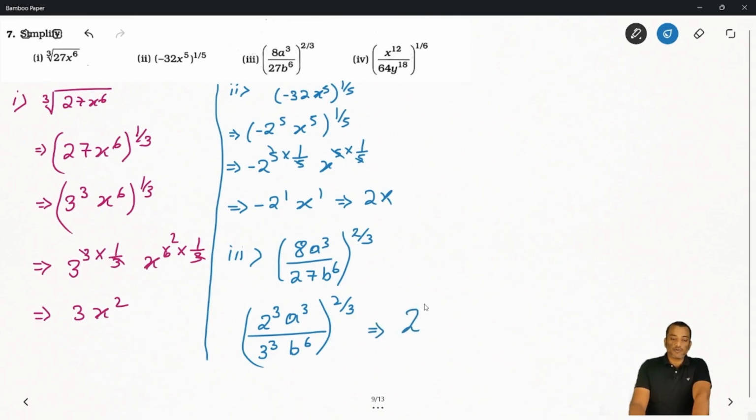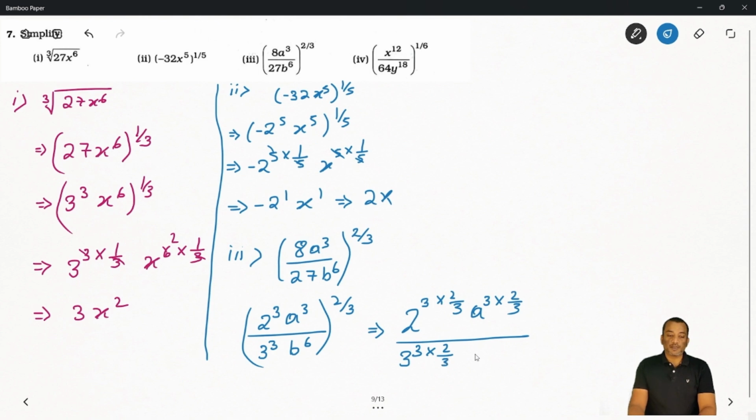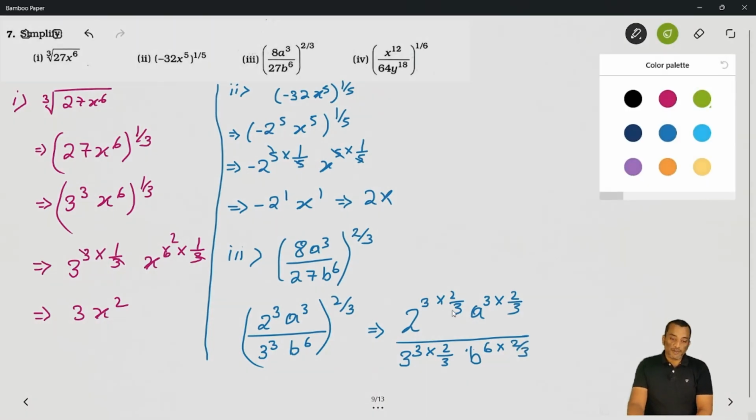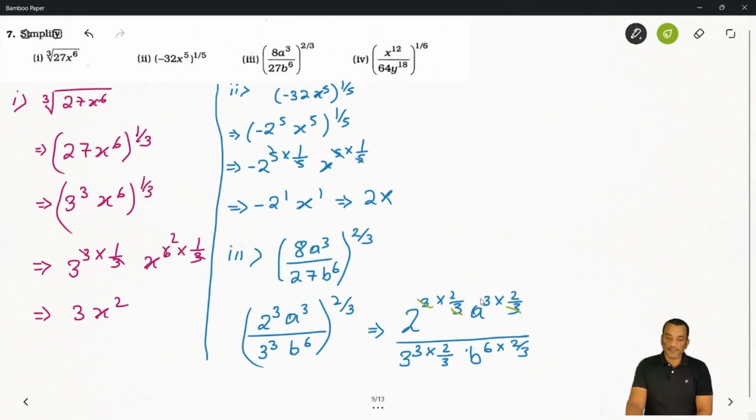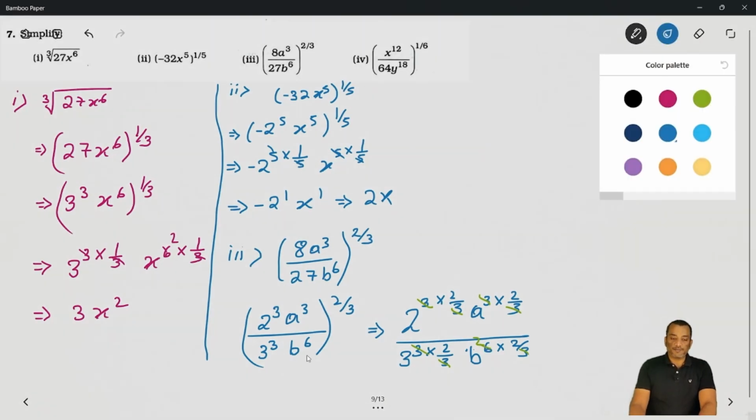So you can say 2 to the power 3 times 2 by 3 and a cubed times 2 by 3. In the same way the denominator also. So you can say 3 to the power 3 times 2 by 3 and b to the power 6 times 2 by 3. So now look very carefully here. This 3 gets cancelled, this 3 gets cancelled, this 3 also gets cancelled, and this 3 will give 2. So your final answer, what you have left here, you can see.